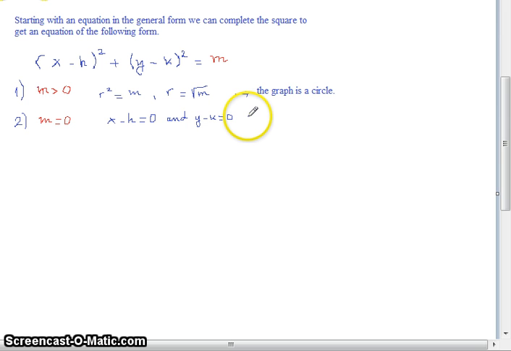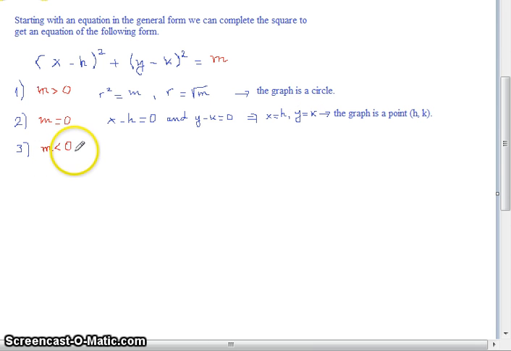And it means that x will equal h, and y will equal k. So what we get? We get just two single values for x and y. So in this case, the graph of the equation is just a single point with coordinates h and k.